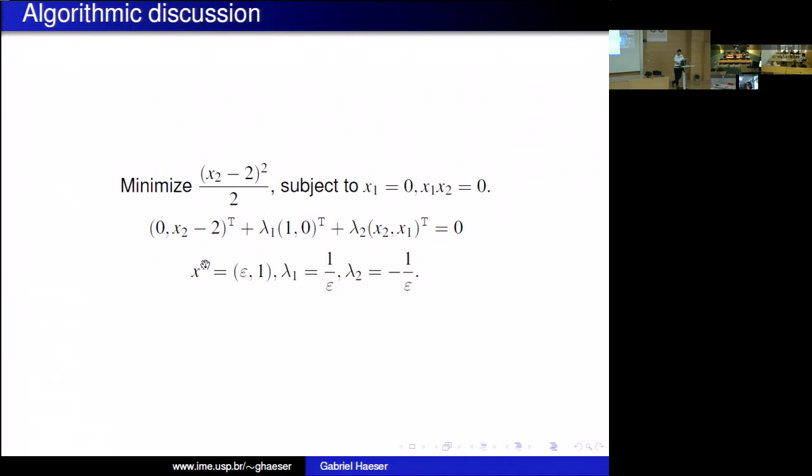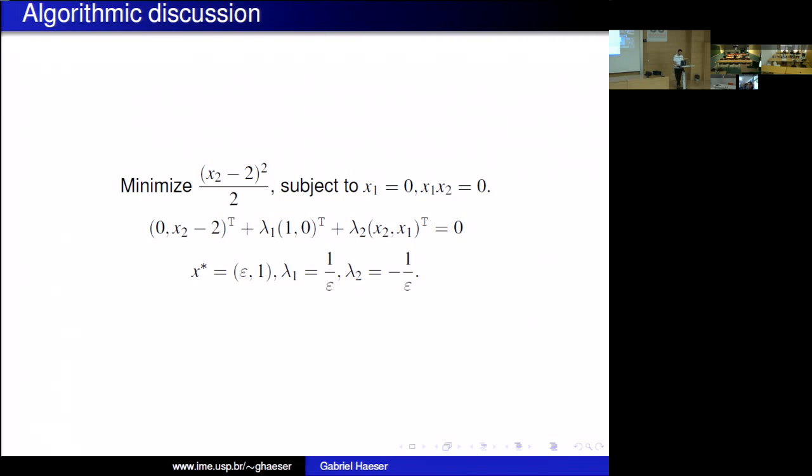I can take x2 equal to 1, so this is minus 1. And if I plug in these values of lambda, 1 over epsilon, and minus 1 over epsilon, I think when I checked this last night, the sign was changed here. So lambda 1 should be minus 1 over epsilon, and lambda 2 is 1 over epsilon.